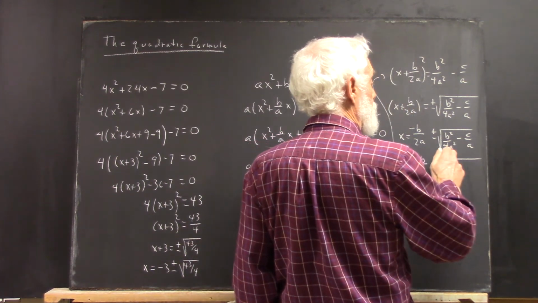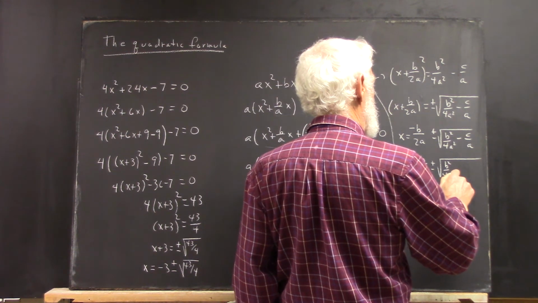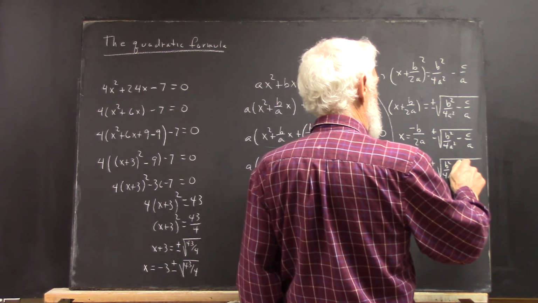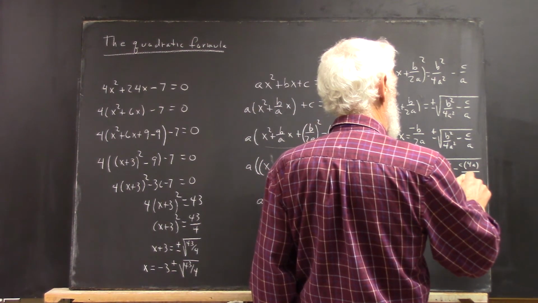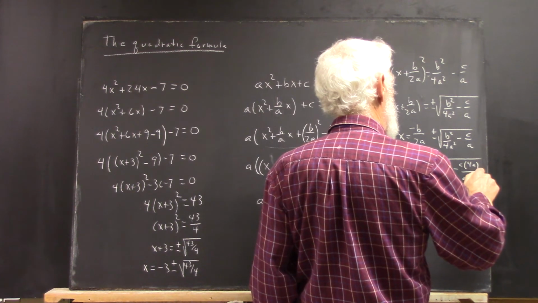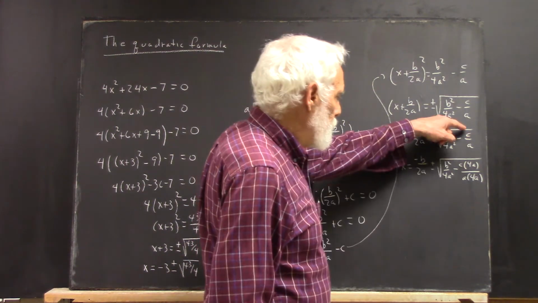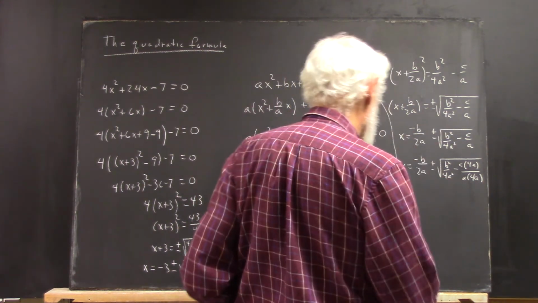Common denominator is going to be 4a squared. This term already has that denominator. And I multiply the numerator and denominator here by 4a, which is going to give me a 4a squared in the denominator here.